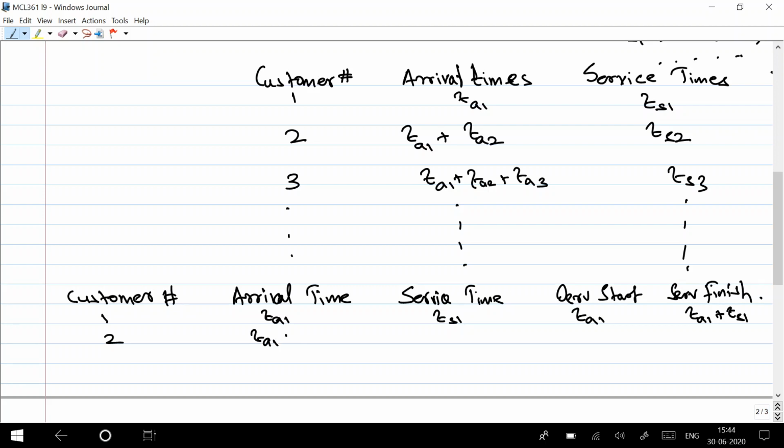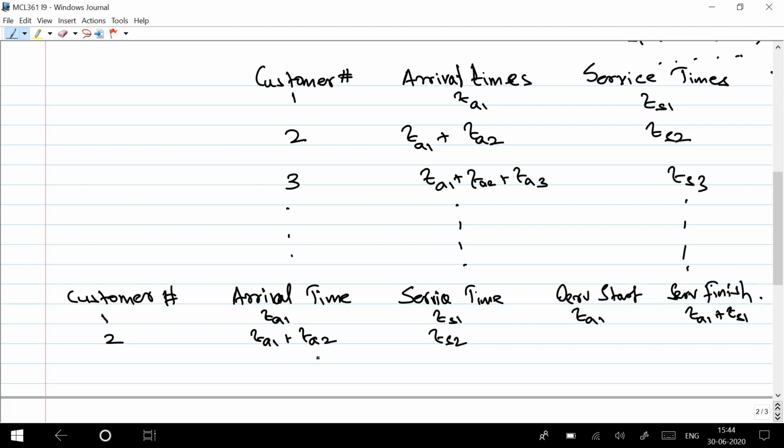If it is, then the arrival time for this customer is just going to be TA1 plus TA2. There's no problem there. The service time is of course just TS2, so there's no issues there. But for figuring out service start, it actually becomes a bit more complicated. First, you have to figure out whether TA1 plus TS1 is less than or equal to TA1 plus TA2.